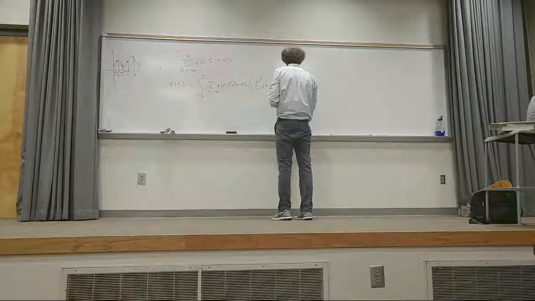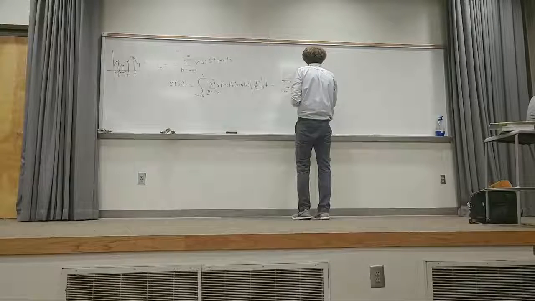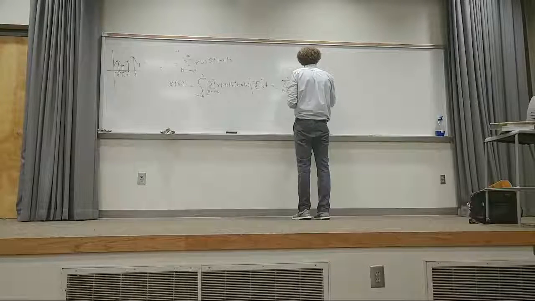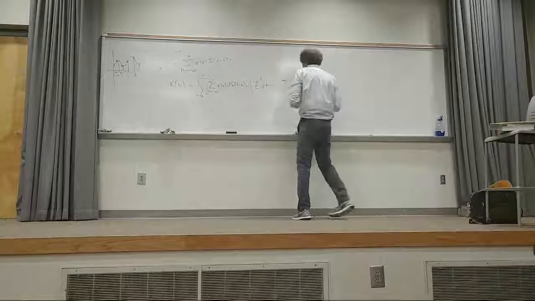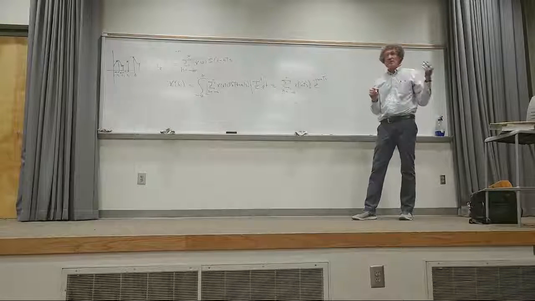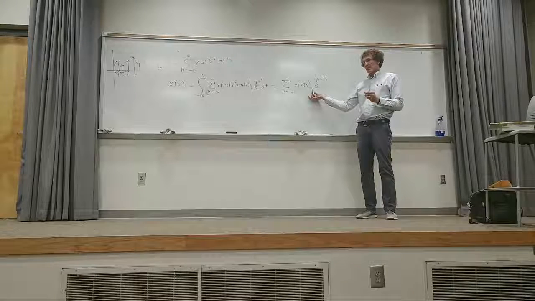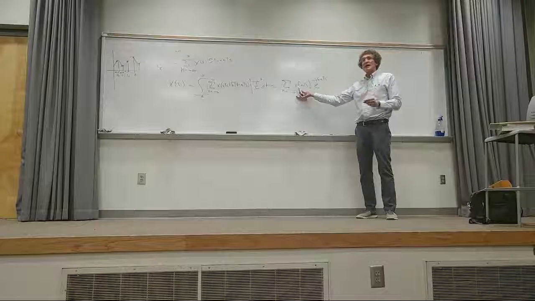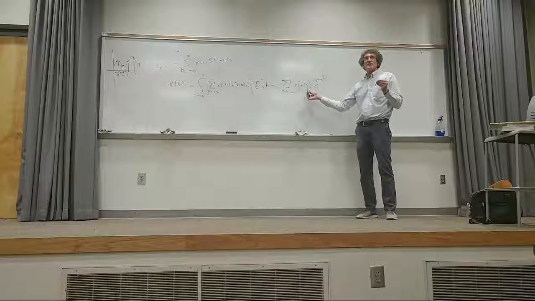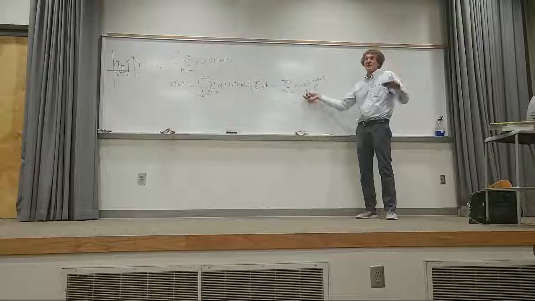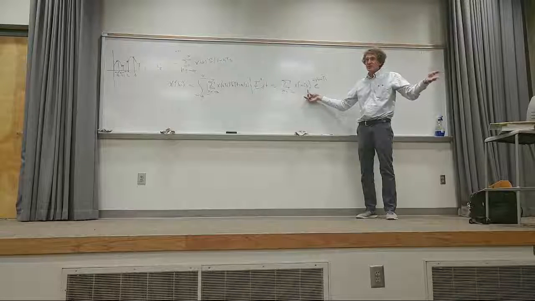And now I can say I have x of nTs times e to the minus j omega nTs. So now instead of an integration, I have a summation. And the values here are really the values of x at specific instances in time, nTs: Ts, 2Ts, 3Ts, and so forth.